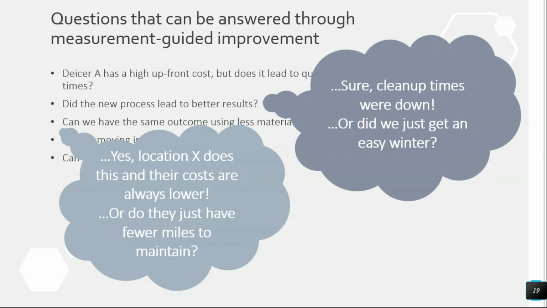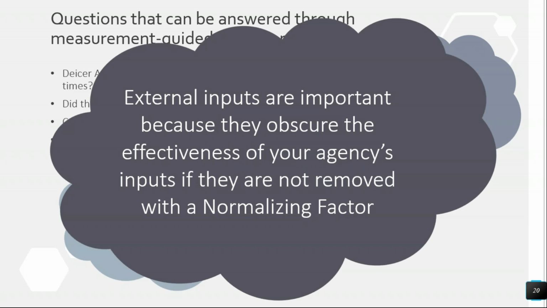Did they get a different winter than location Y? So all these little yeah buts kind of start creeping in. And it's where these external inputs, basically, things like the weather, their workload, these are important because they really obscure the effectiveness of what is really going on if they're not removed.